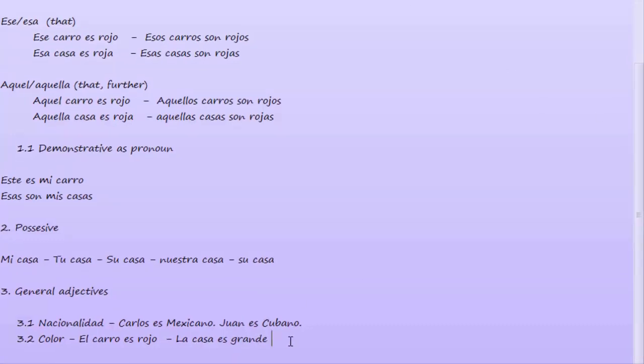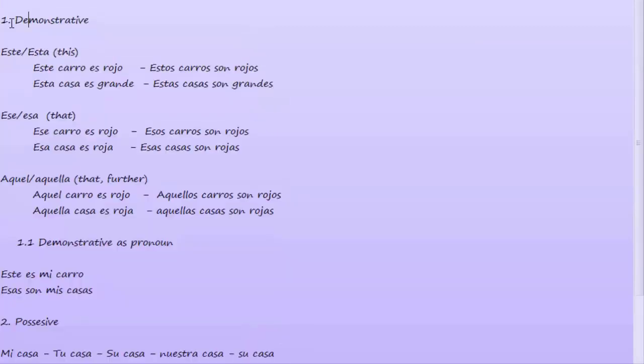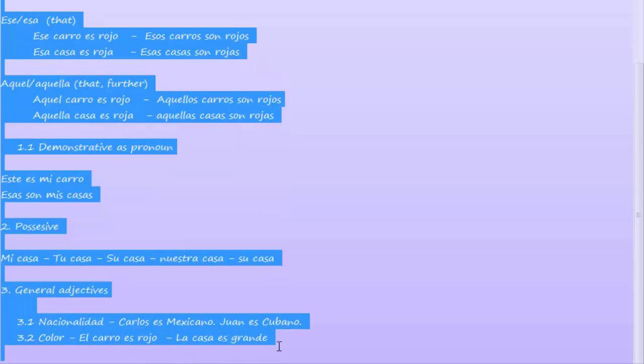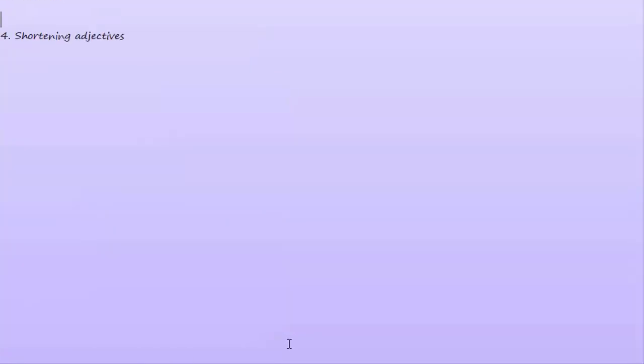Right now, let's talk about how to shorten some adjectives that you have to shorten depending on the position of the adjective. So that would be number 4, shortening adjectives.